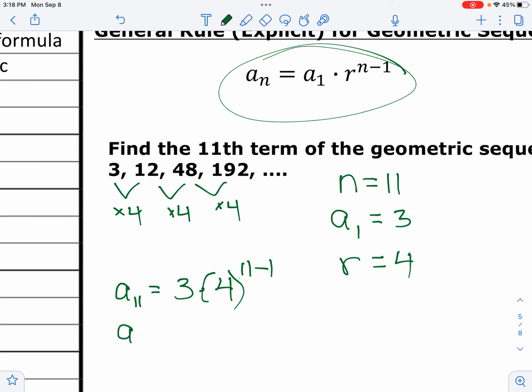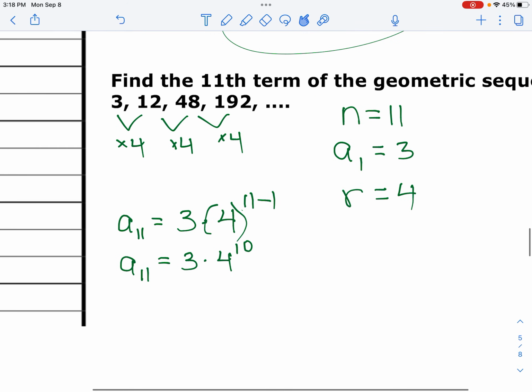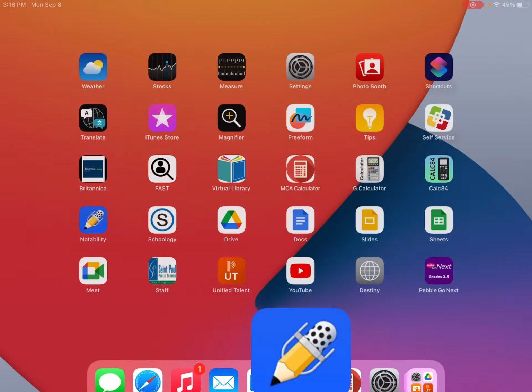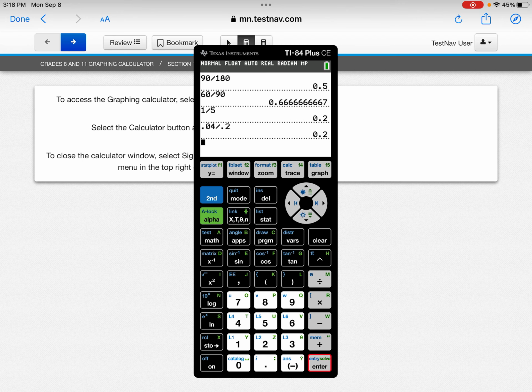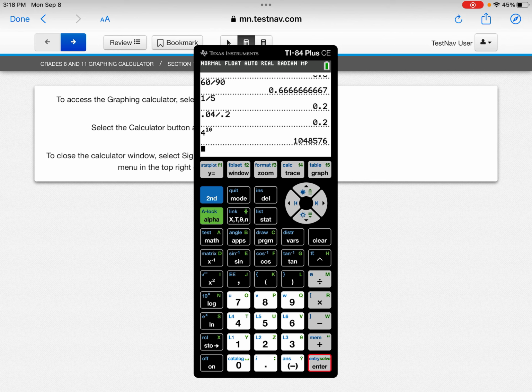So let's simplify this a little bit. I have 3 times 4 to the 10th. Okay. So now I'm just going to go 4 to the 10th power. Get a big number. Now I'm going to multiply it by 3. Okay. So I get 3,145,728.